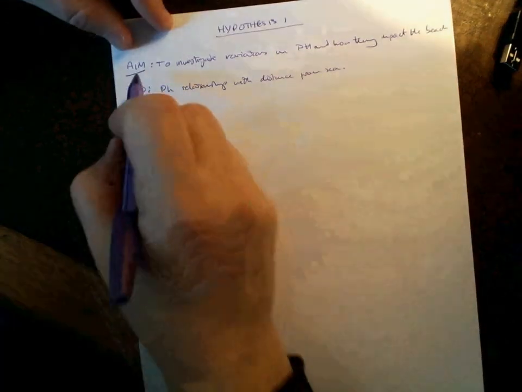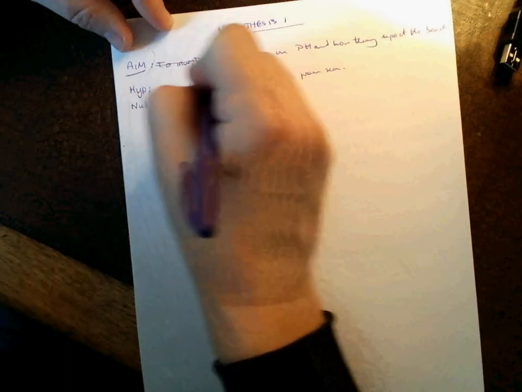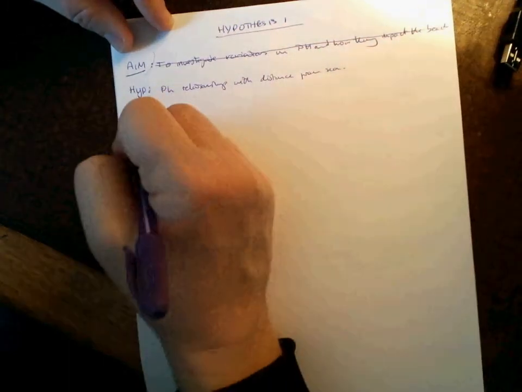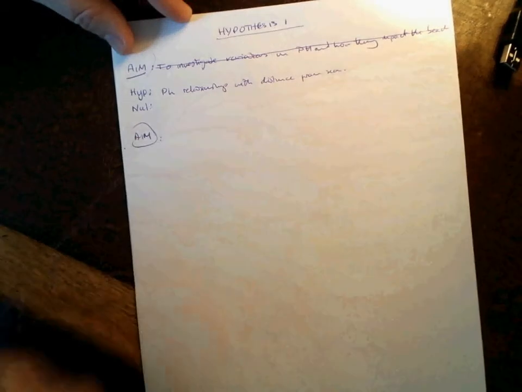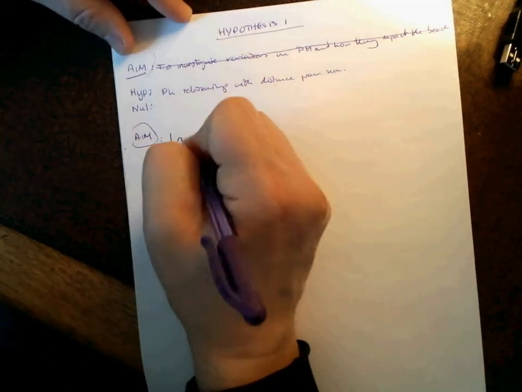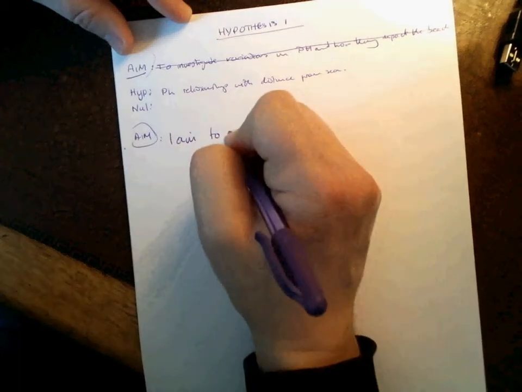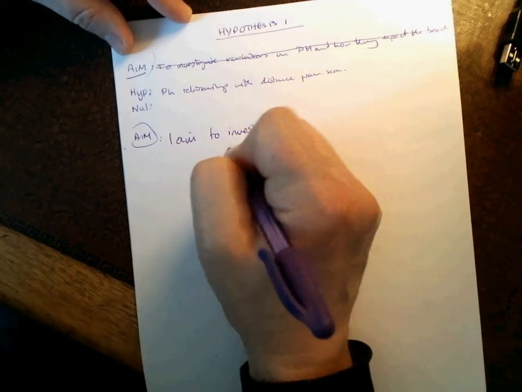Okay, so this is an important bit to get right. What you want to do is, in fact I'm just going to score that out briefly and rewrite it here because I don't feel I've quite explained this very well enough yet. The aim basically wants to say, I aim to investigate. You could use any words you like here.